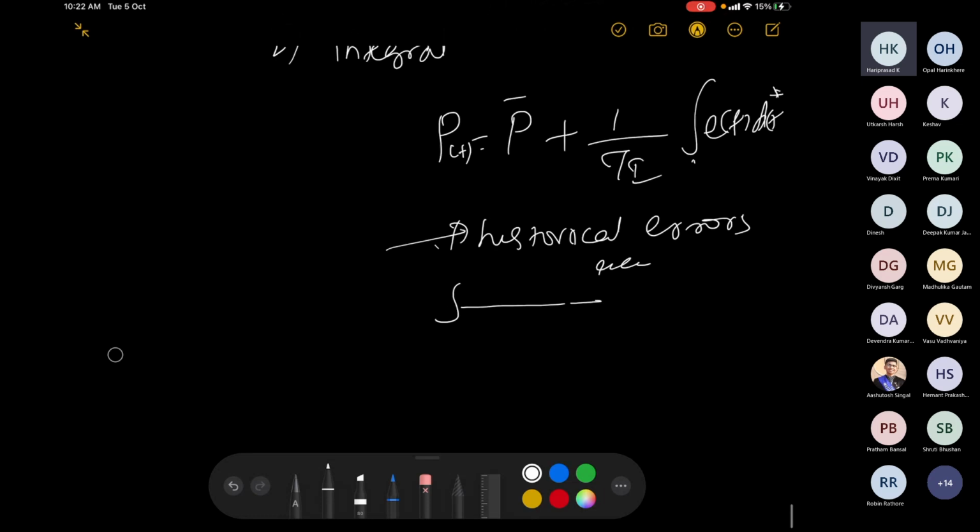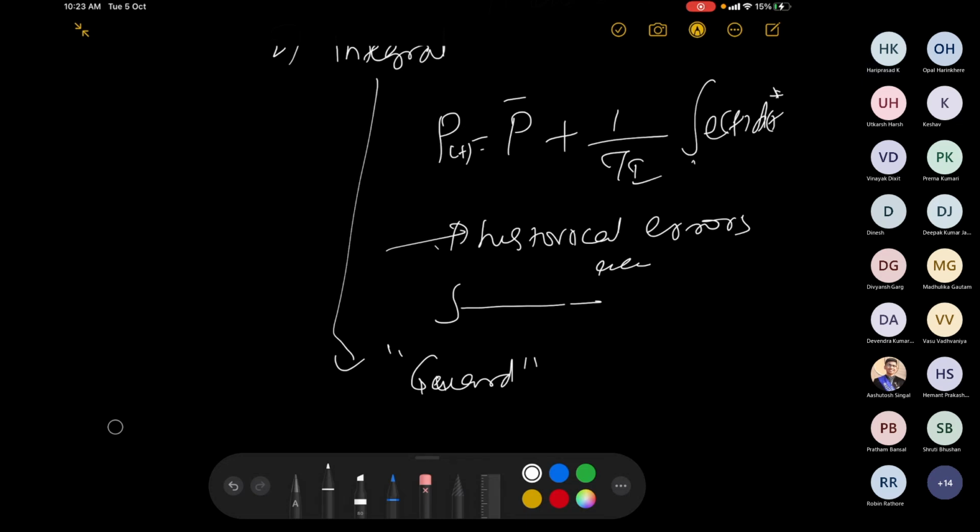As a result, once an error is accumulated, you won't see it disappearing. So if you activate integral action, it will be there forever. That's why in the last class I said it's like a guard, because this error is never going to be zero at some point; whenever you see an error, it all goes into the summation.